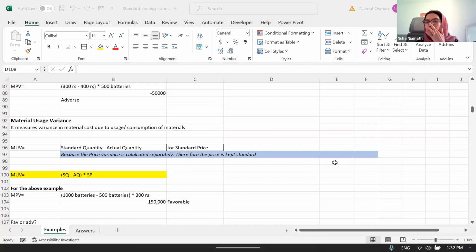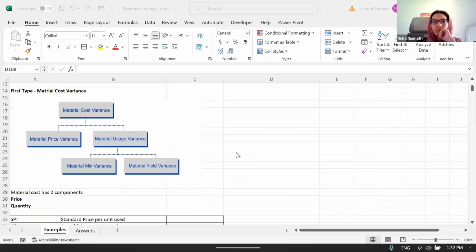Thank you, Khatija. So just to do a recap, everybody tell me what is material cost variance? Can somebody tell me the formula in the chat box? Can everybody tell me what is material cost variance?